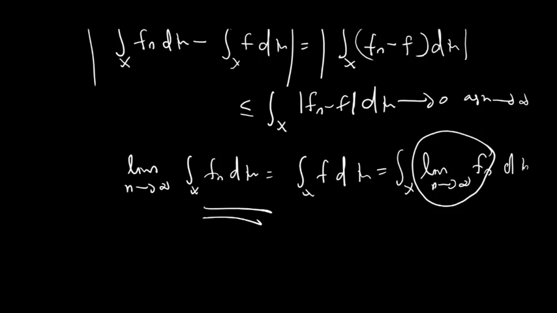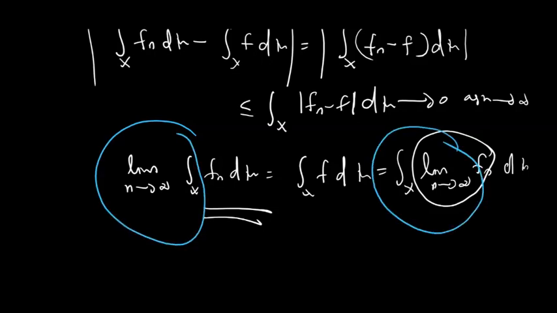Here we are interchanging limit and integration. So this completes the proof of Theorem 1.34, that is, the Lebesgue dominated convergence theorem. Okay, thank you.